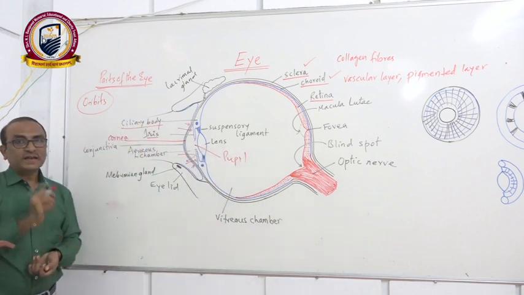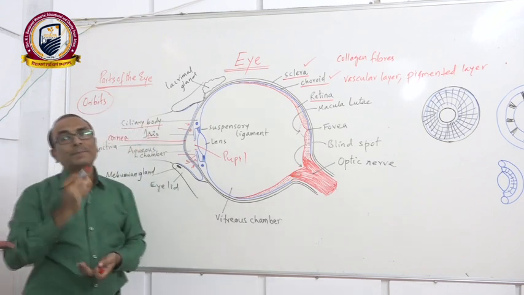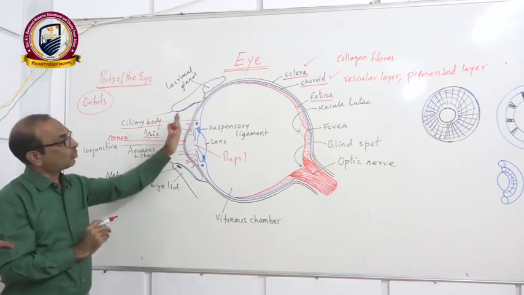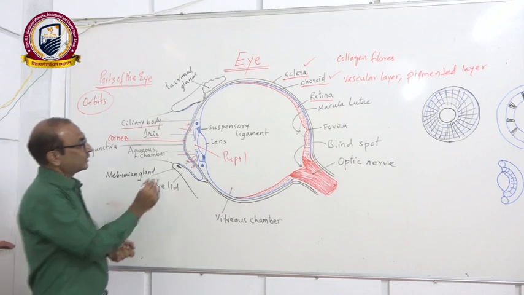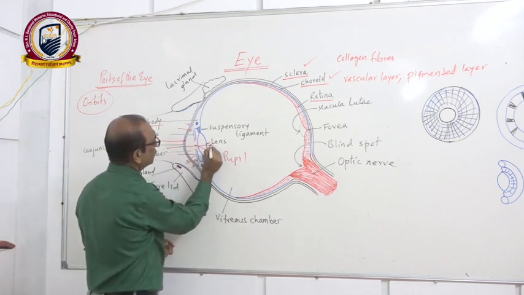That is the small darker spot you see in the black part of the eye, which is actually an opening in the center of the iris, through which the light falls onto the lens and passes through the lens.